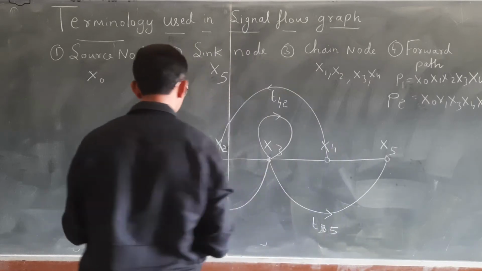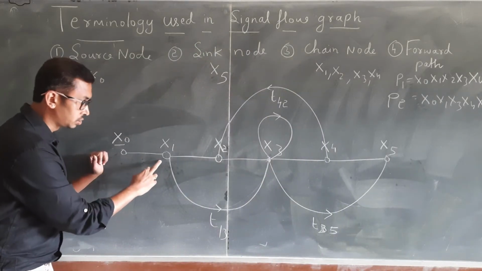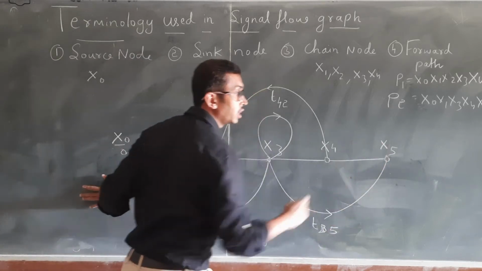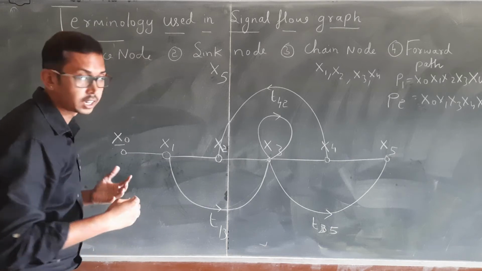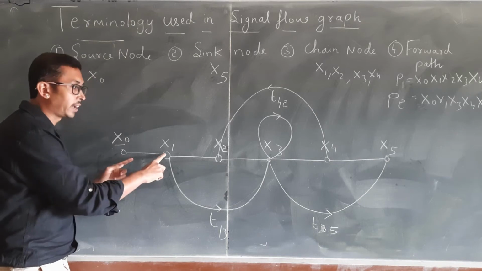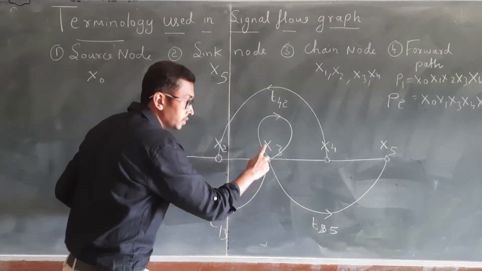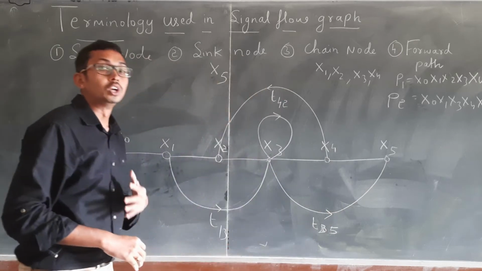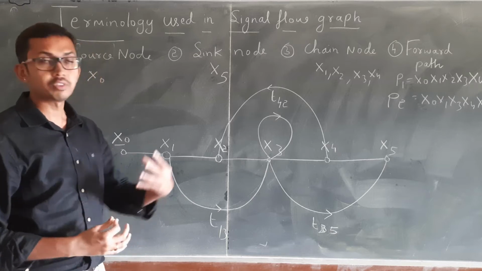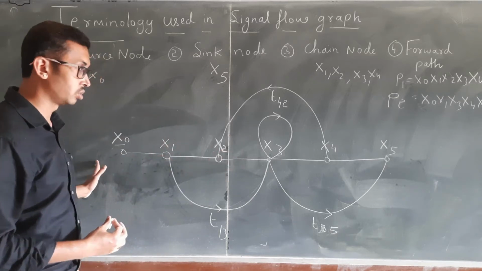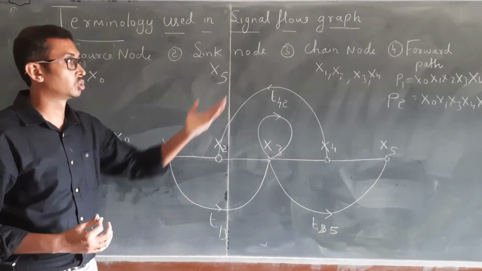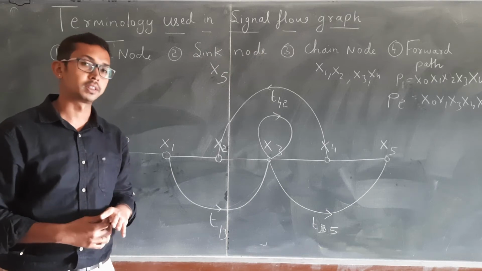I have another path: x0, x1, x2, x3 and then I can go to x5. This is another forward path. Like that, I have another path: x0, x1, x3, next x5. So there are totally 4 forward paths. Have you understood? The various paths from the source node to the sink node we call forward paths.